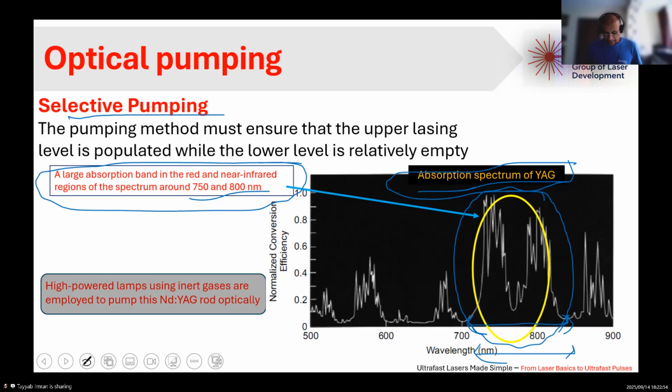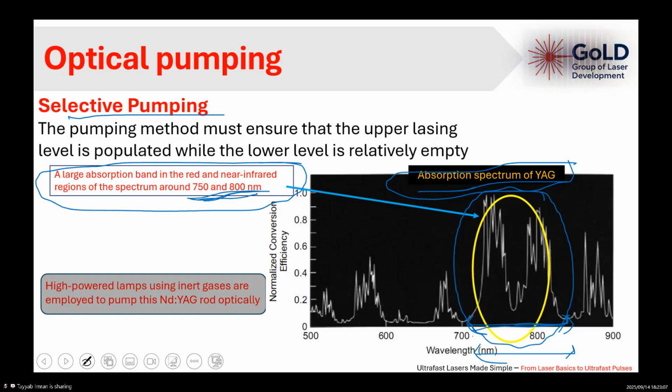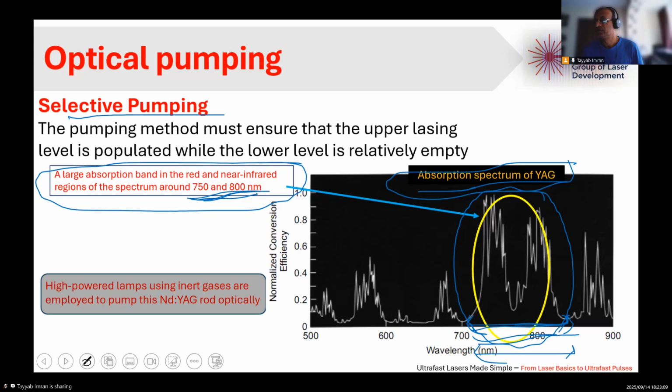Keeping this in mind, we have to use a pump source which covers this region. Similarly, ruby and some other materials have different absorption bands, so accordingly we have to choose different pump source wavelengths.